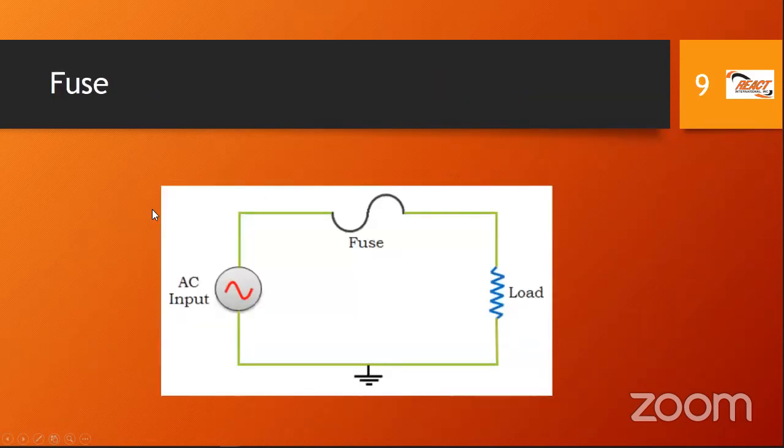Another device, we came across this when we dealt with the electrical theory, is the fuse. And remember, we said a fuse will blow or it will open contact if the current passing through it exceeds its rating. So if I have a 2-amp fuse and 3 amps decides to flow through, the fuse will blow. Similarly, a circuit breaker will trip, all right?